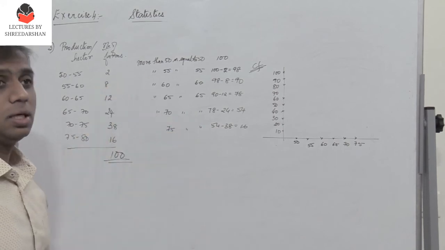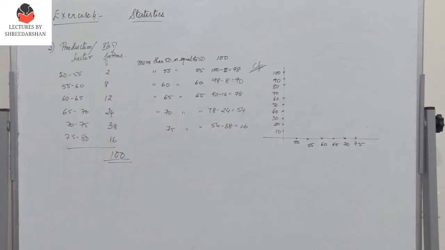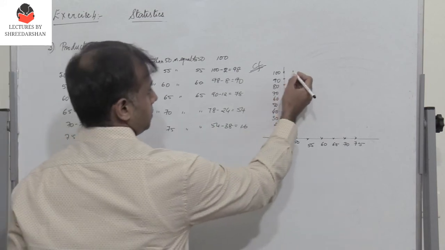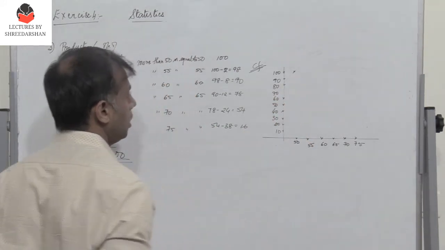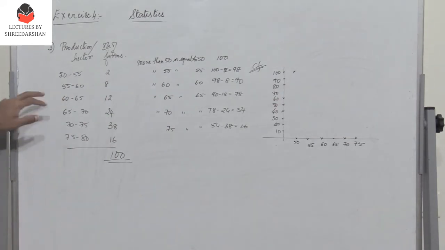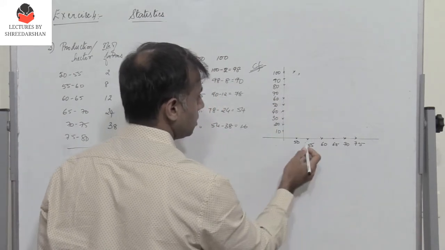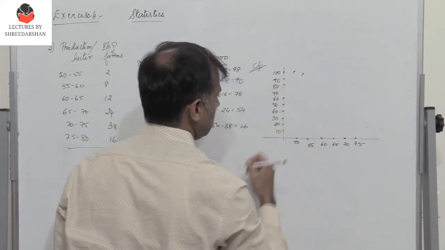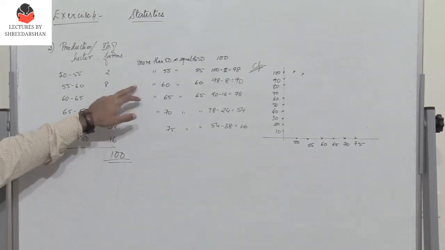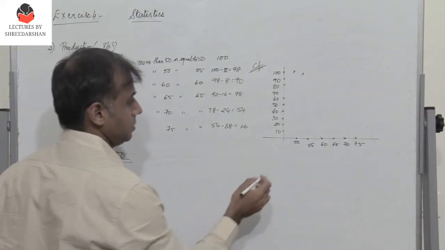Right? So how many farms produce at least 50? It is 100. So it is 50, 100. How many farms at least produce 55? It is going to be 98. So it's going to be 55 and then 98, another point here. Right? Next, how many farms produce at least 60? So it's going to be 90.